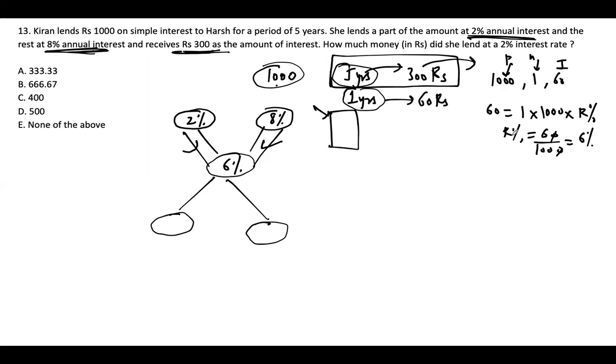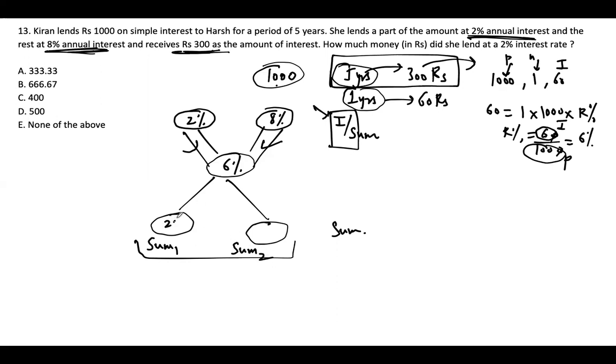This is interest and this is principal. So if this is interest upon principal, I'm writing it as sum. So the number of samples would be in terms of sum.